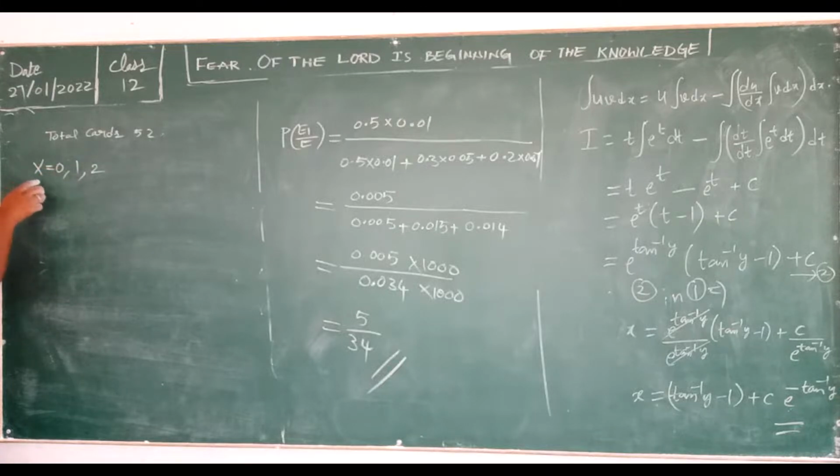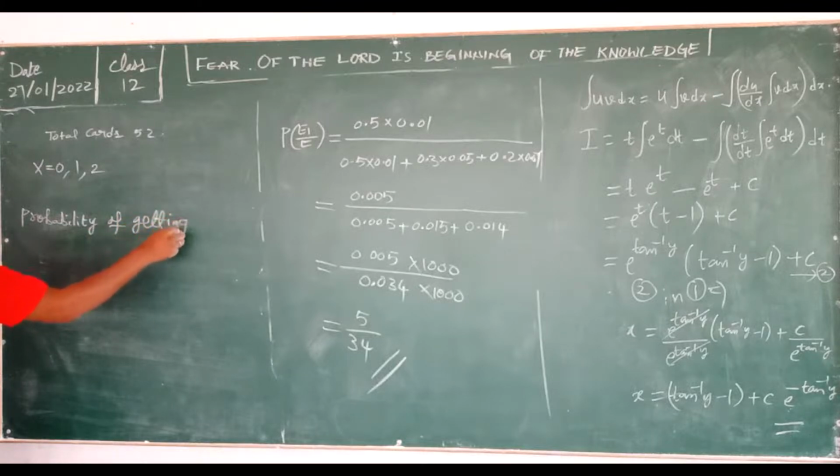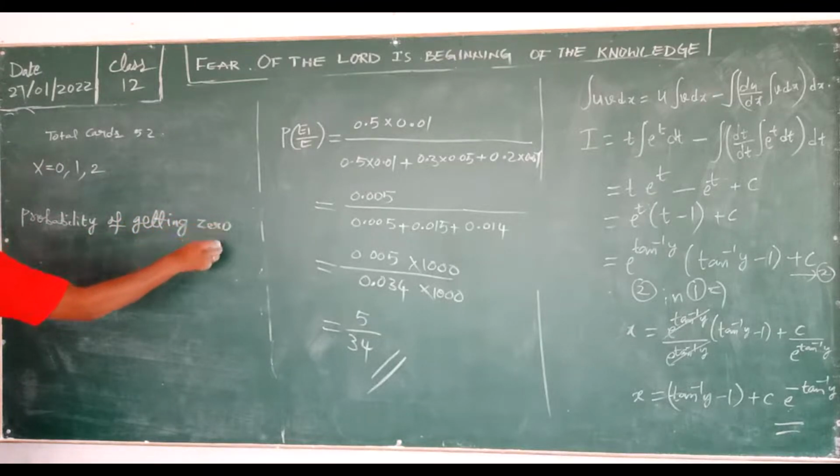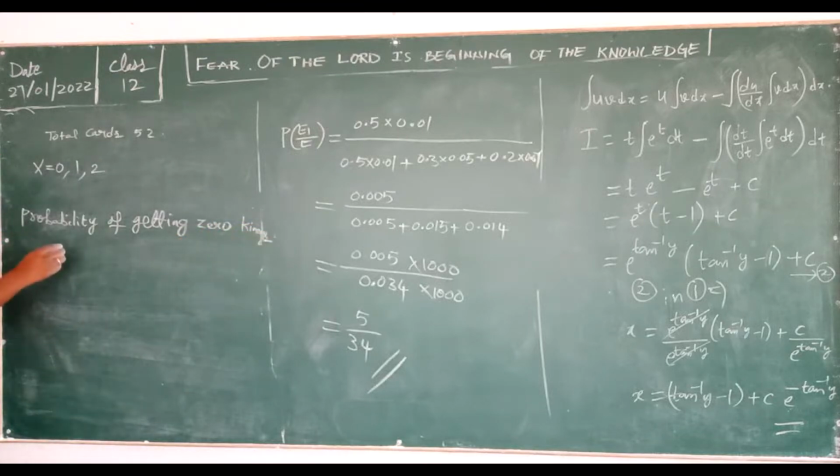Now what is the probability of getting zero kings? Let me write that. Zero kings: how many kings are there?